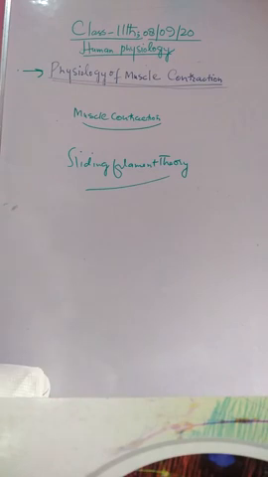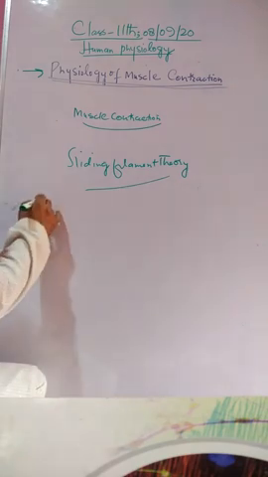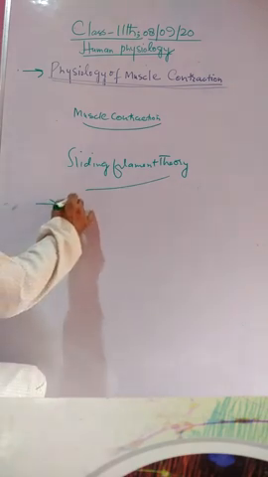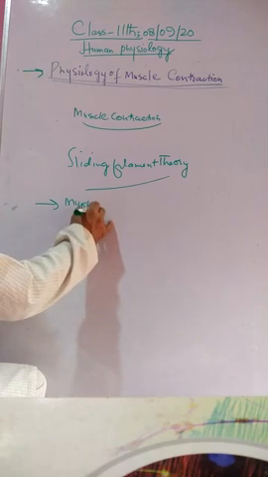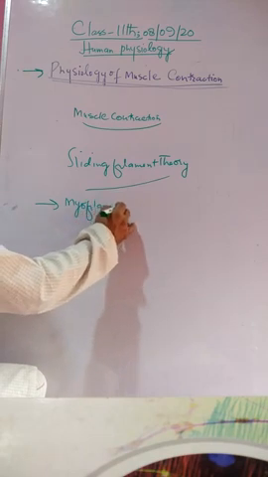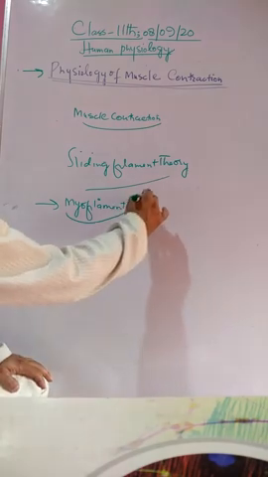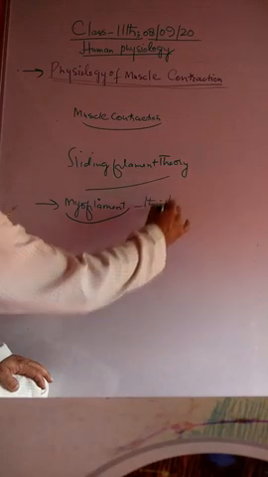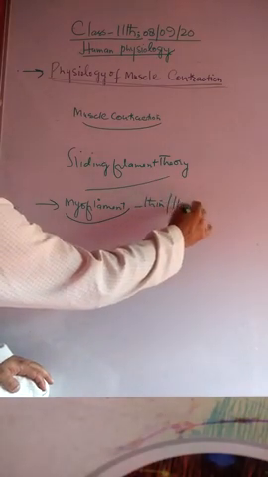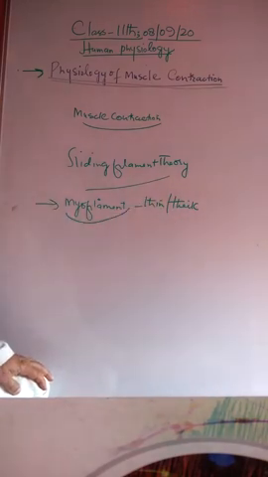The above view about the contraction of striated muscle is called the sliding filament theory. It states that muscle contraction results from sliding of thin myofilaments past the thick myofilaments. There are thin myofilaments and thick myofilaments, and these thin myofilaments slide past the thick myofilaments.